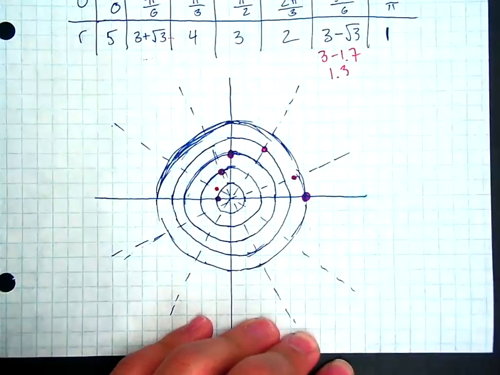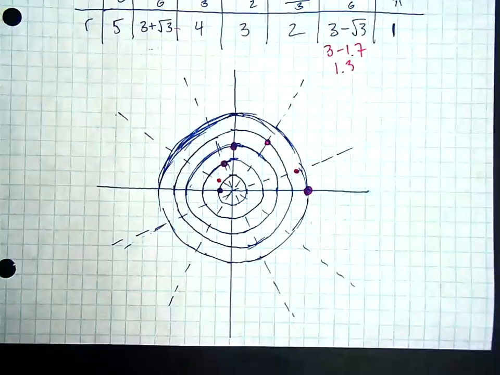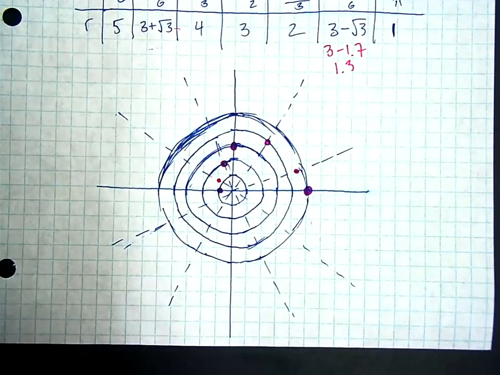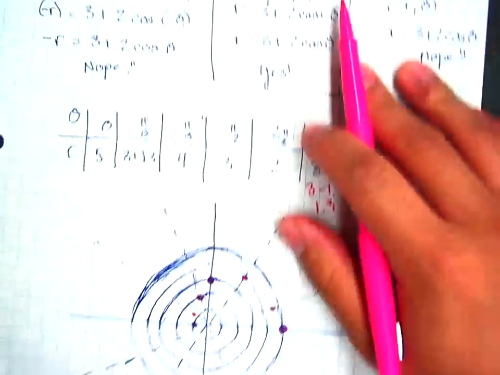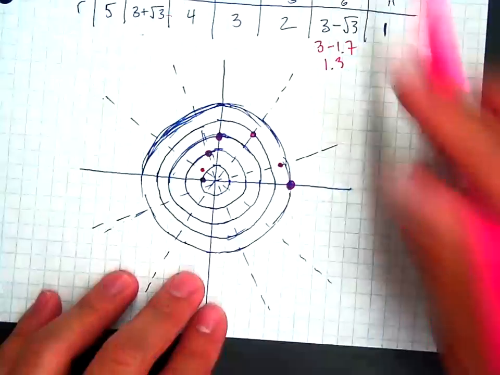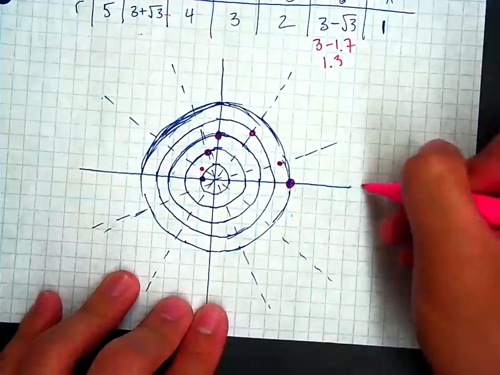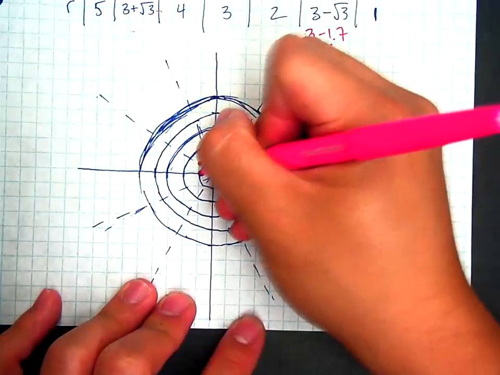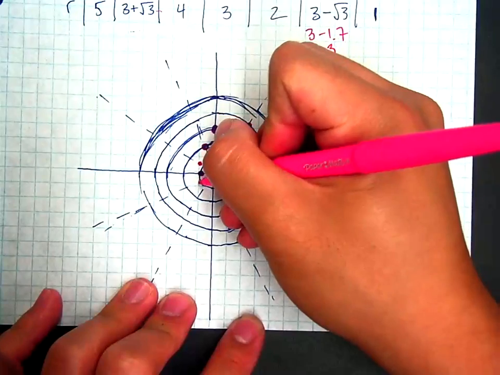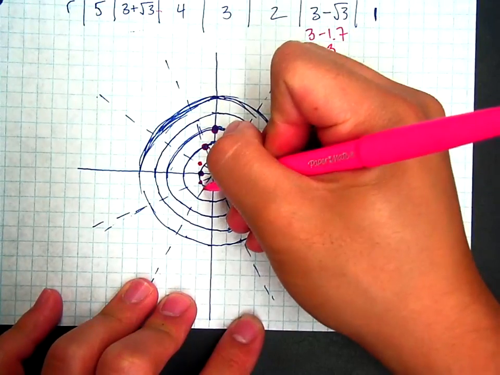Okay. Now, we're going to use symmetry to our advantage rather than making a whole other table with a bunch of values. We're going to go ahead and use our symmetry with the polar axis. Okay. So symmetry being with respect to this guy right here. We're going to go ahead and reflect all these points. This one stays where it is. This one will jump right down here.